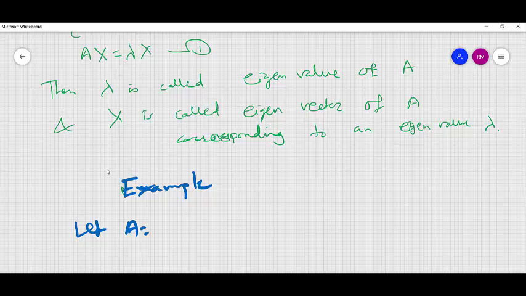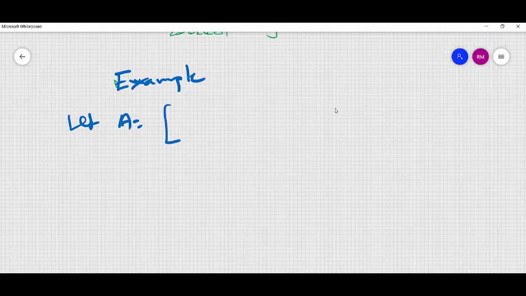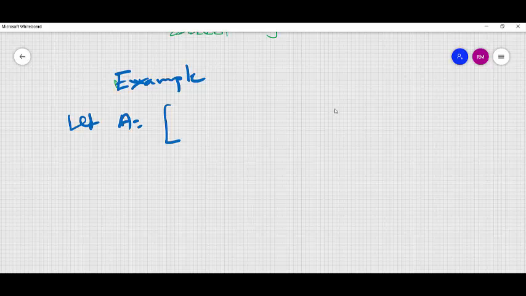Let A equal the matrix [[4, -1], [2, 1]] and say the eigenvalue lambda equals, say, 2, and x equals, say, [1, 2].